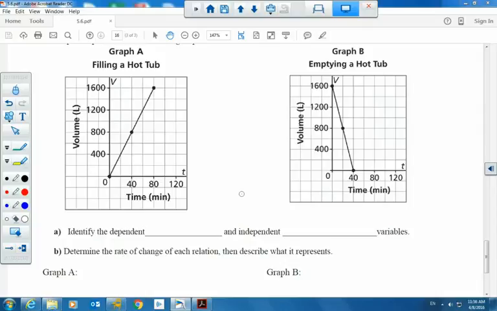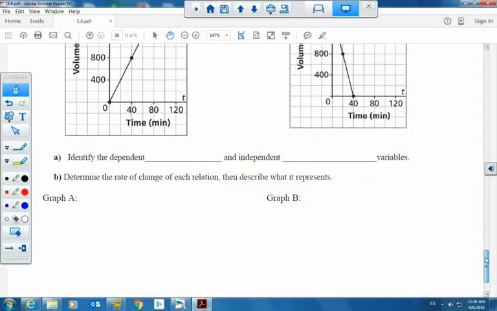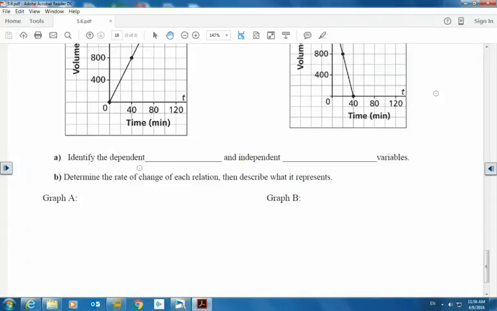I'm going to scroll it up, and then I'm going to write it in. So dependent variable is volume, and it depends on the time, so that's the independent.